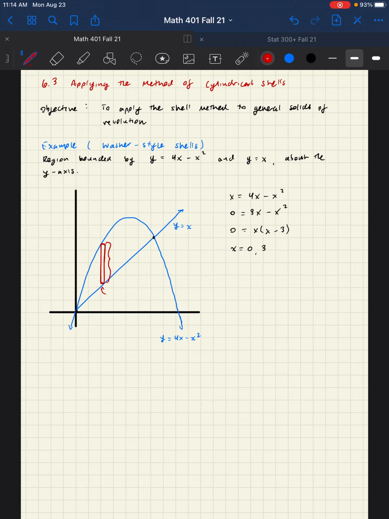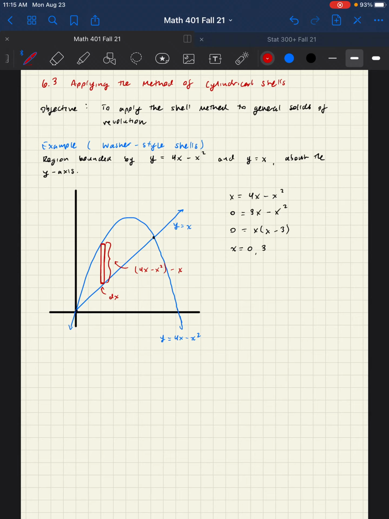Now, when we're setting up the infinitesimal shell, remember that we're looking at a thickness of dx. The height in this case is going to be the upper curve minus the lower curve, so it's going to be 4x minus x squared minus x.